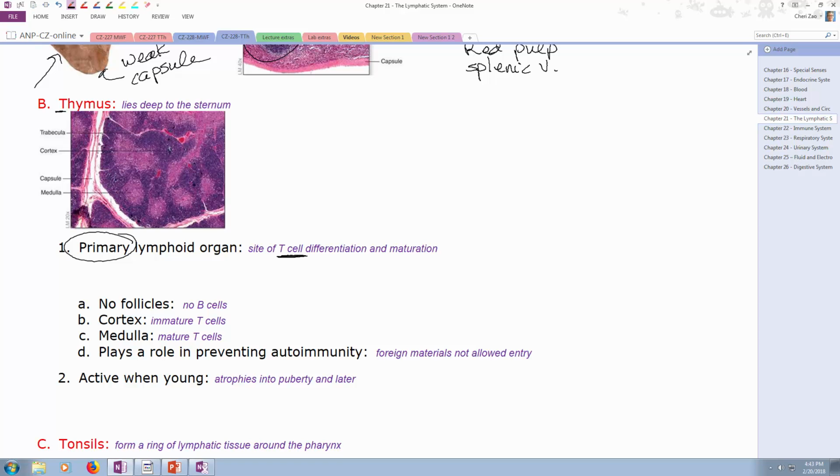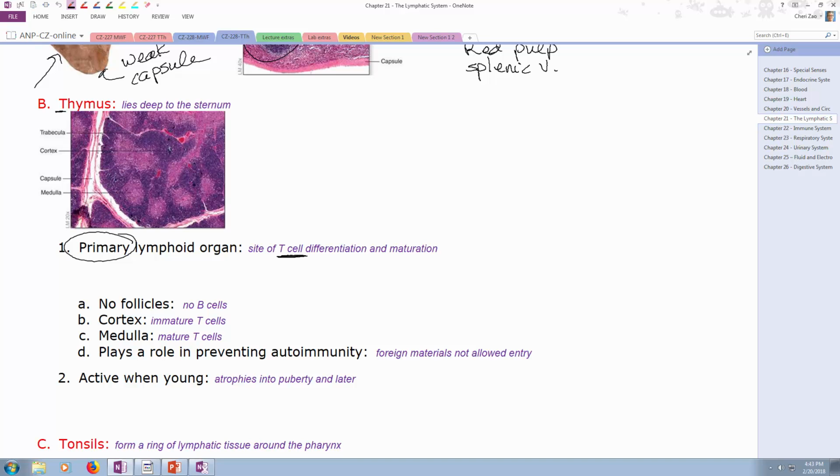We call the cells from the bone marrow that are lymphocytes that do not go to the thymus for their training to become immune cells, we call those B cells. The cells that originate in the bone marrow that go to the thymus and become trained to become specialized cells, we call those guys T cells.